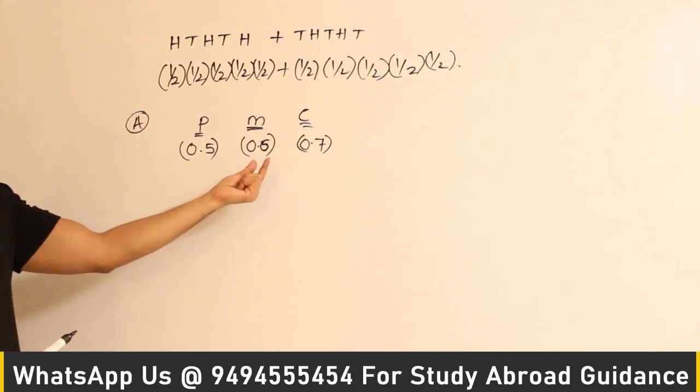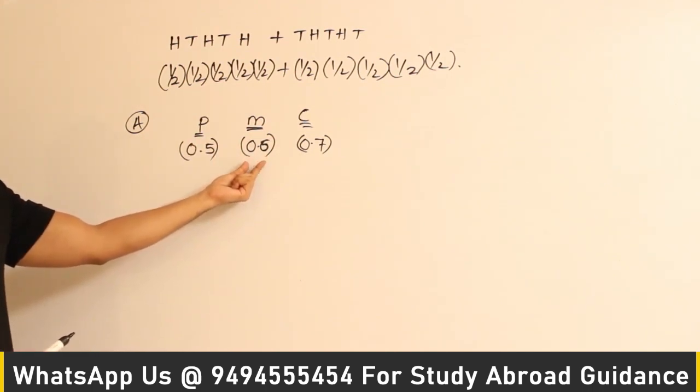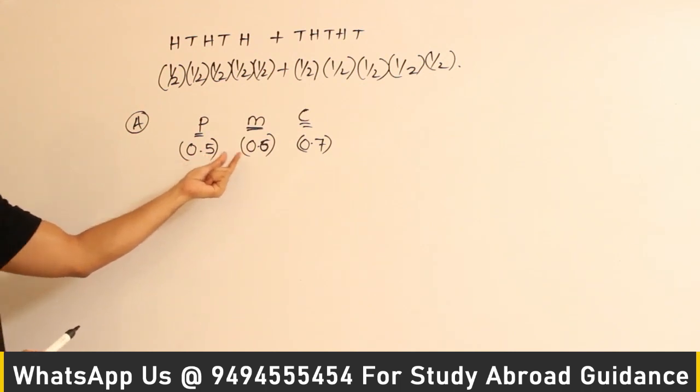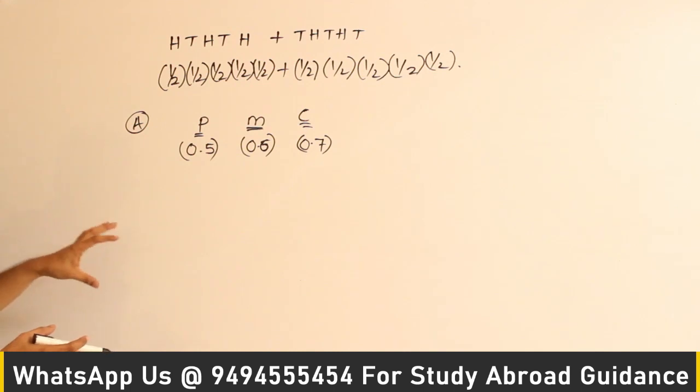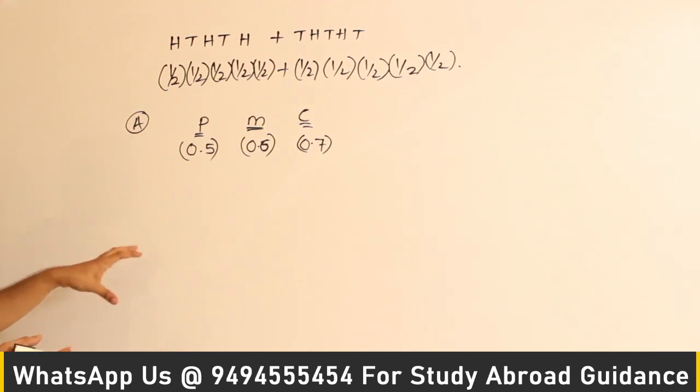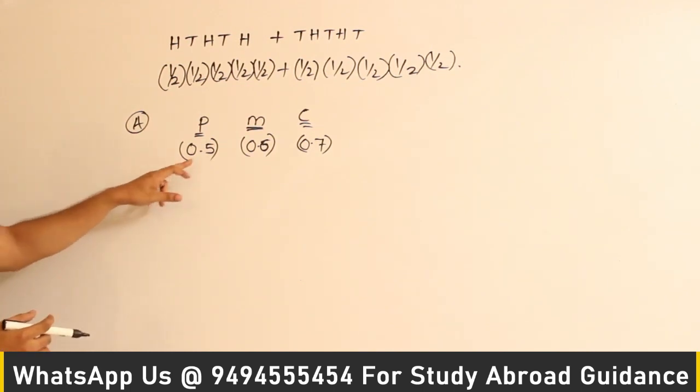Similarly, the probability that he passes mathematics will not depend on what happened in the physics and chemistry tests. So he is psychologically free. Passing in one exam will not psychologically affect him or depress him in passing the other one. Therefore all the events are independent. Now these are the probabilities.